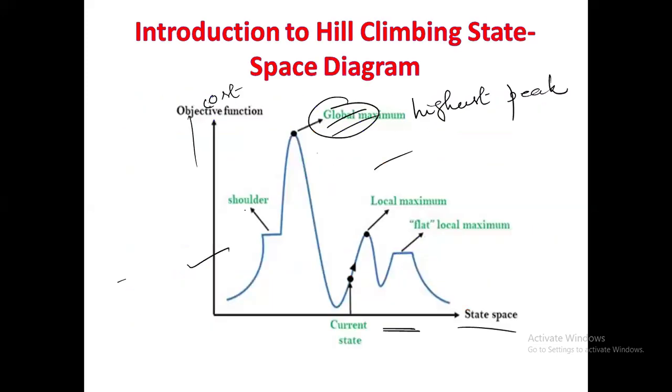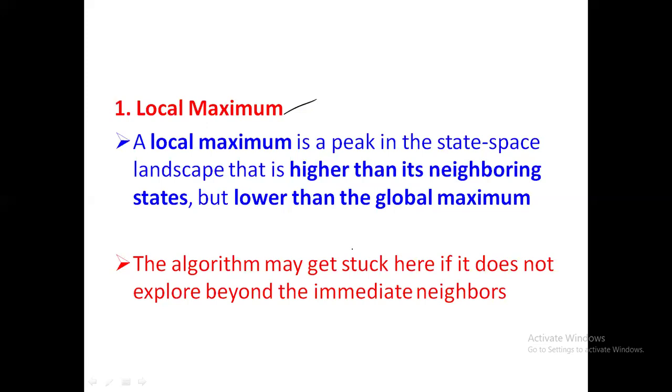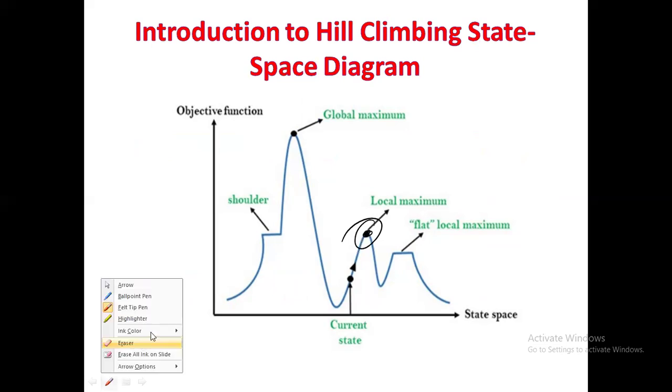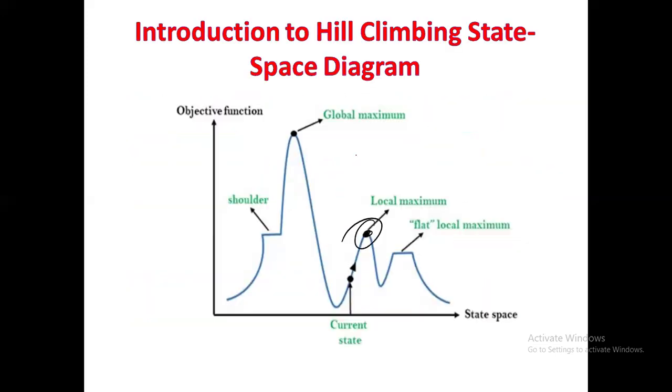Here we are finding the six terminologies from this graph, which we'll see one by one. The first one is the local maxima. What does local maxima represent? It is a peak in the state landscape that is higher than its neighboring states but lower than the global maxima.